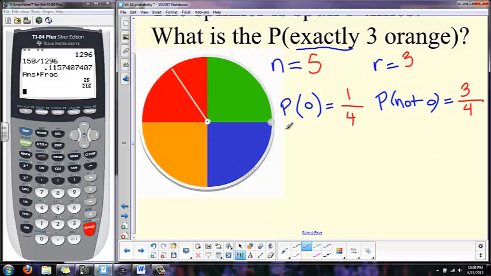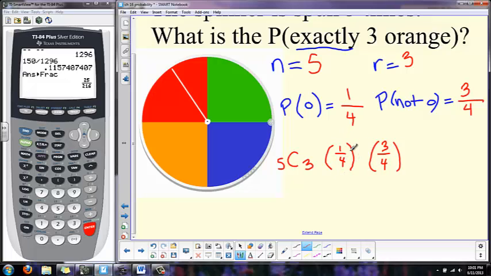Now we're going to use all these pieces of information and put it all together. The first part is nCr, 5 choose 3. In parentheses, the probability of my success, 1/4. And the probability of my failure, 3/4. Now, the exponents represent the number of times I want each event to occur.